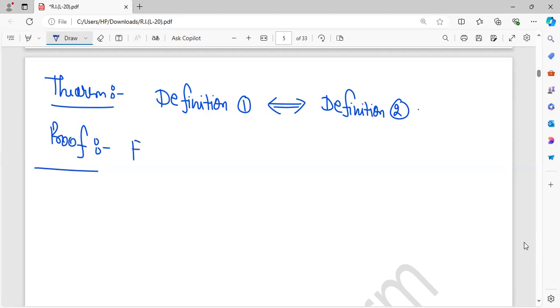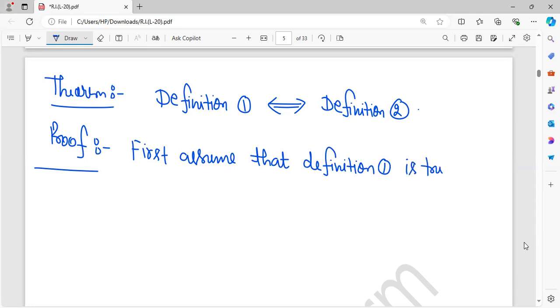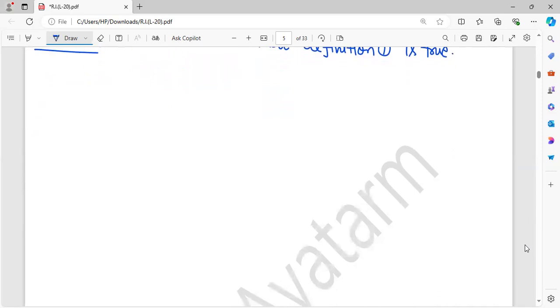First assume that definition 1 is true. Then we will show that definition 2 is true, that the Riemann sum exists and its limit is the Riemann integral.